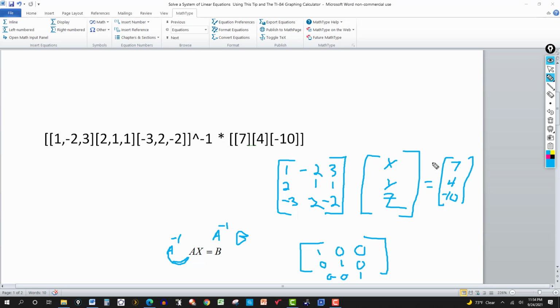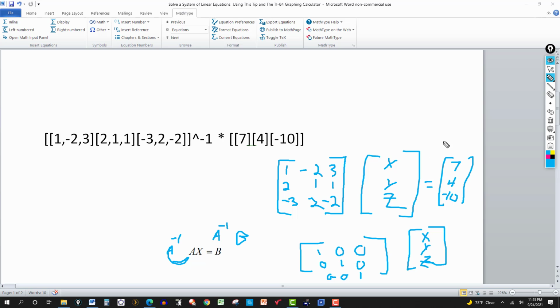Multiplying this side and this side by the inverse of this. But when you multiply something by its inverse, it gives you the identity. So this replaces that, and then I multiply that by x, y, z. Well, because this is the identity, all I'm going to get here is x, y, z. So on this side, I'm just going to get x, y, and z.